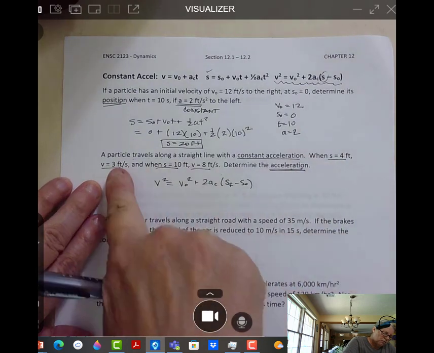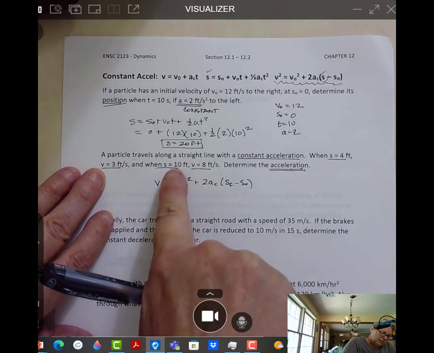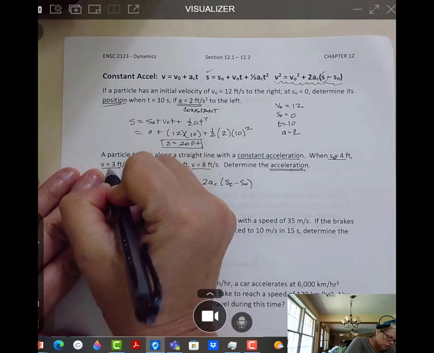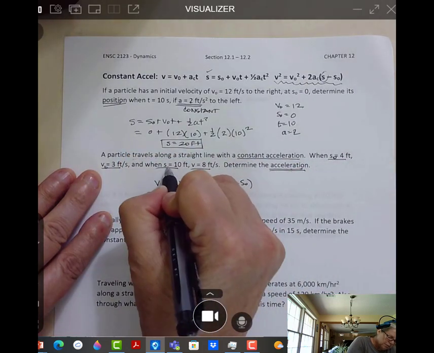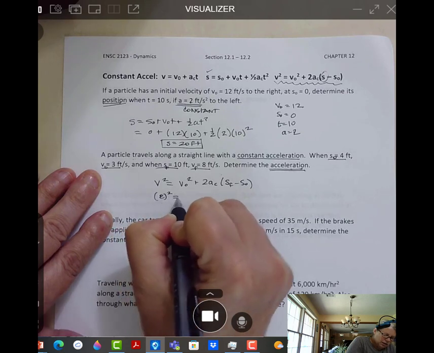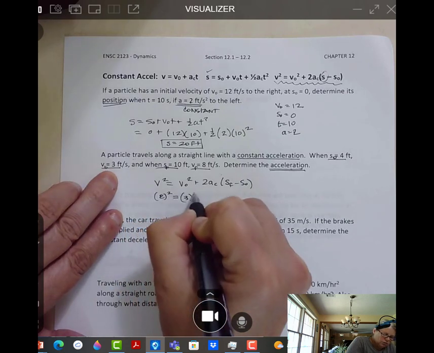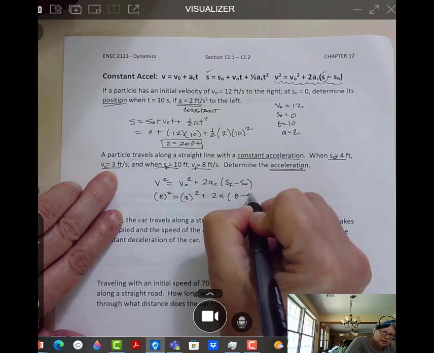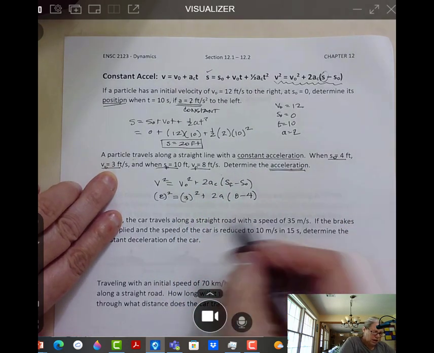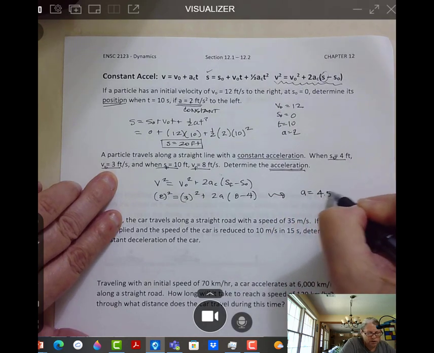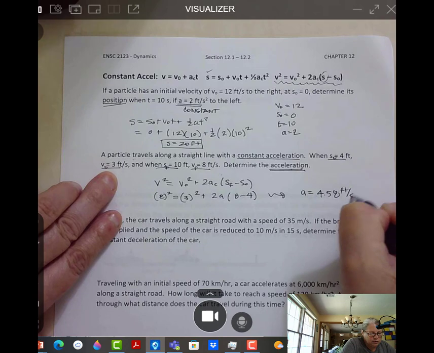When s is 4, v is 3, so that's my initial; when s is 10, v is 8, so that's my final. So I have 8 squared equals 3 squared plus 2 times acceleration times 8 minus 4. If I work all of this out, I get that my acceleration is 4.58 feet per second squared.